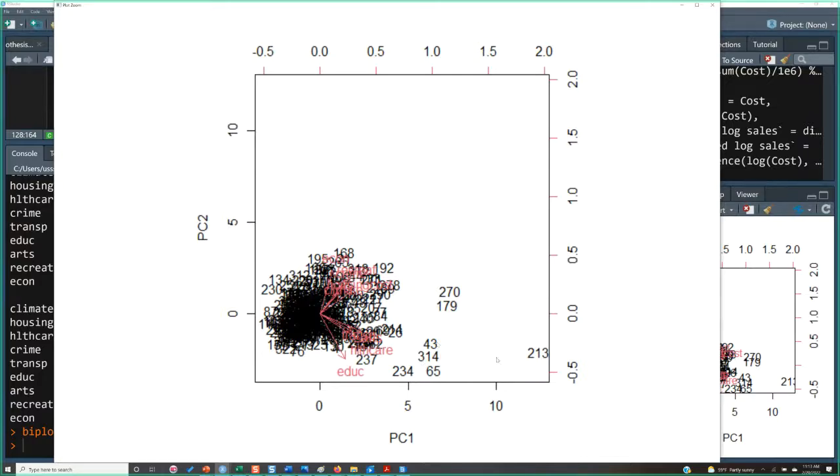So there are only small negative values. That's why it is here. Most of them are in this range. PC1 is almost between -2 to 5. PC2 is almost between -0.5 to 5. So most of them are here.